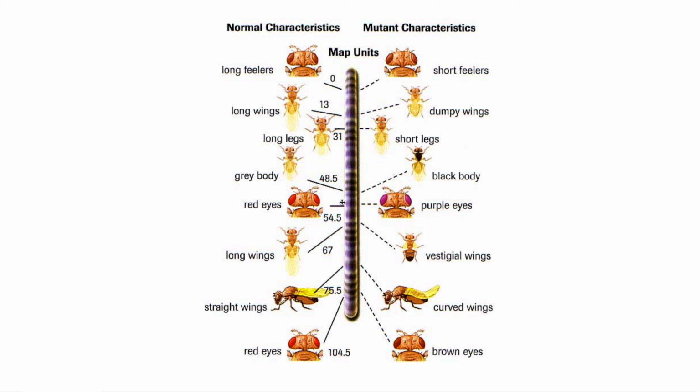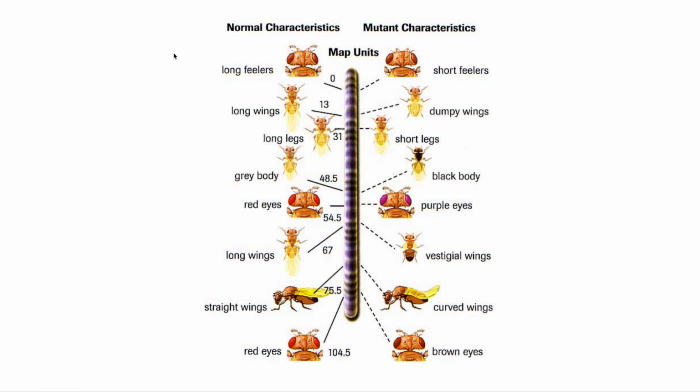From this map, we could predict the crossover frequency between the long wing dumpy wing gene and the long leg short leg gene is about 18%, because we're going 31 minus 13, which are the two locations. You'll note that all of these numbers are based off of the long feeler short feeler gene right up at the top.